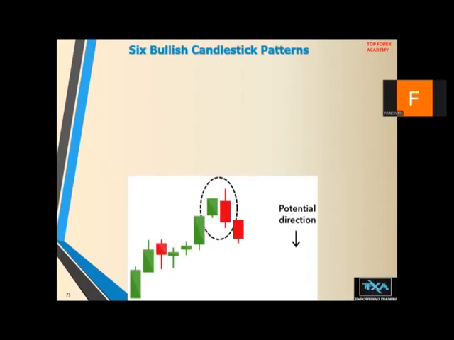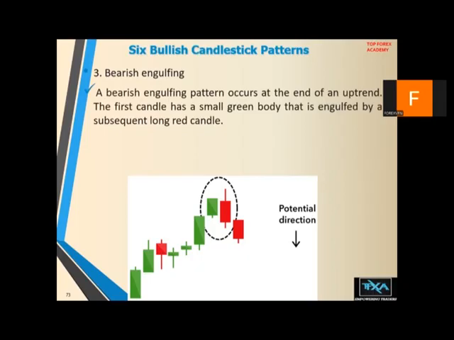The next, but not the least, is the bearish engulfing. A bearish engulfing pattern occurs at the end of an uptrend. The first candle has a small green body that is engulfed by a subsequent long red candle. It's just an opposite description of the bullish engulfing.